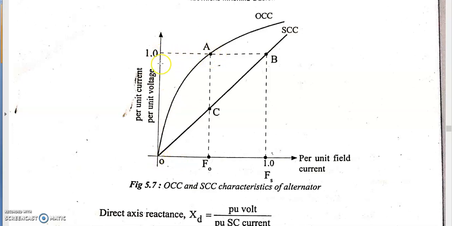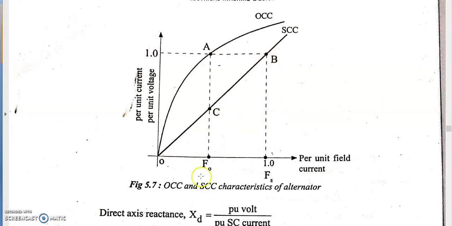This F0 to A is the vertical distance, the rated voltage, and this O to F0 is the horizontal distance, the field current required to circulate the rated voltage under open circuited condition of the machine. And this O to Fs, that is 1 per unit, is the field current required to circulate the short circuit current, the rated current, under short circuited condition.